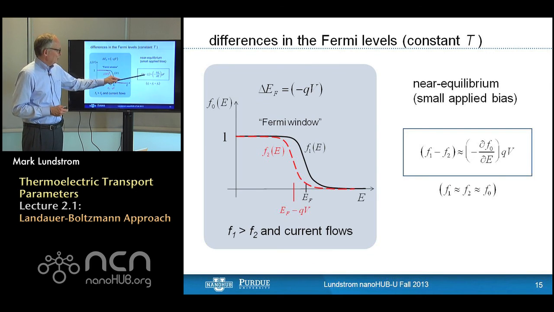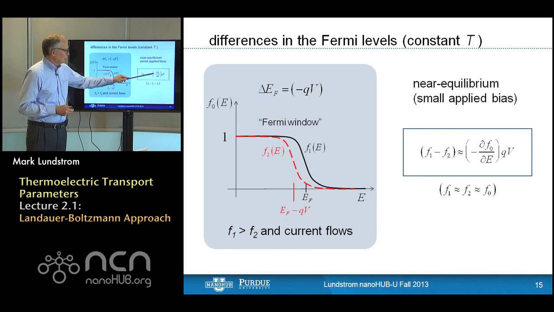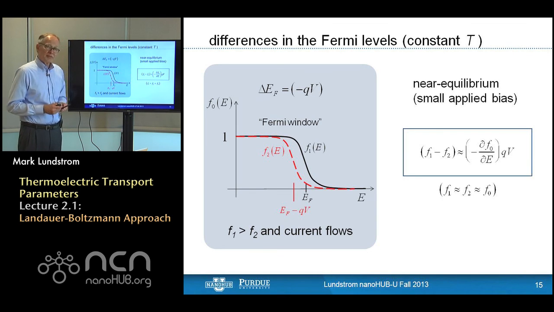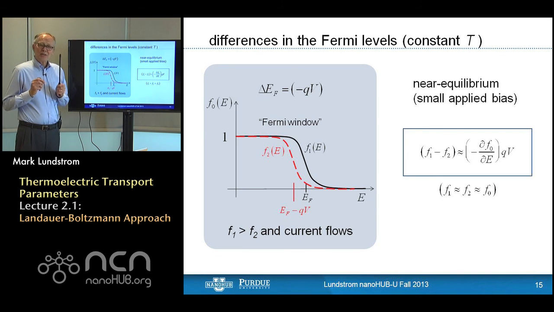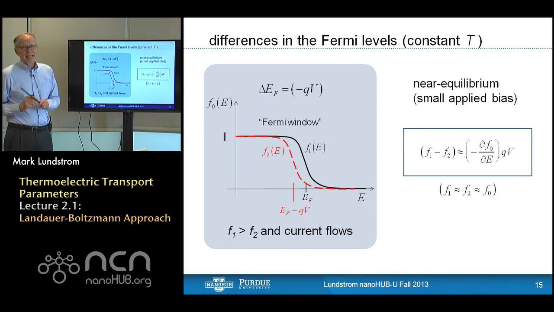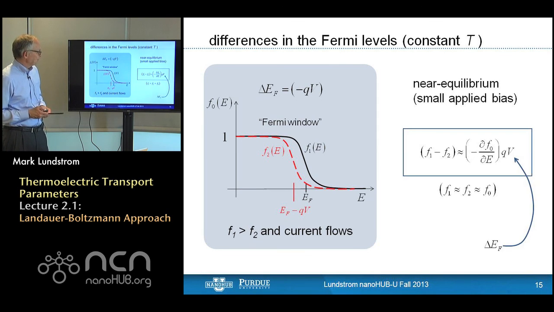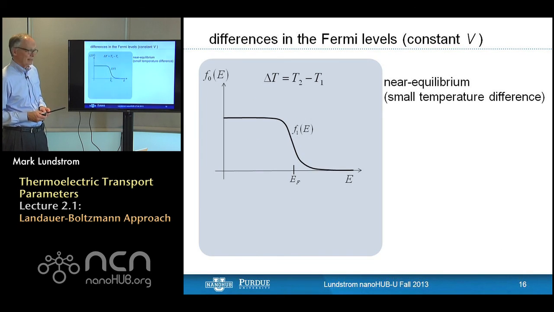We can show that F1 minus F2 is proportional to minus the derivative of the Fermi function times q times the applied voltage. So we can make that approximation when we apply a small voltage, and that's what we're mostly going to be concerned about in week 2. Okay, that applied voltage there is simply shifting the Fermi level of contact 2 by amount delta F, and that's what's leading to the current flow.